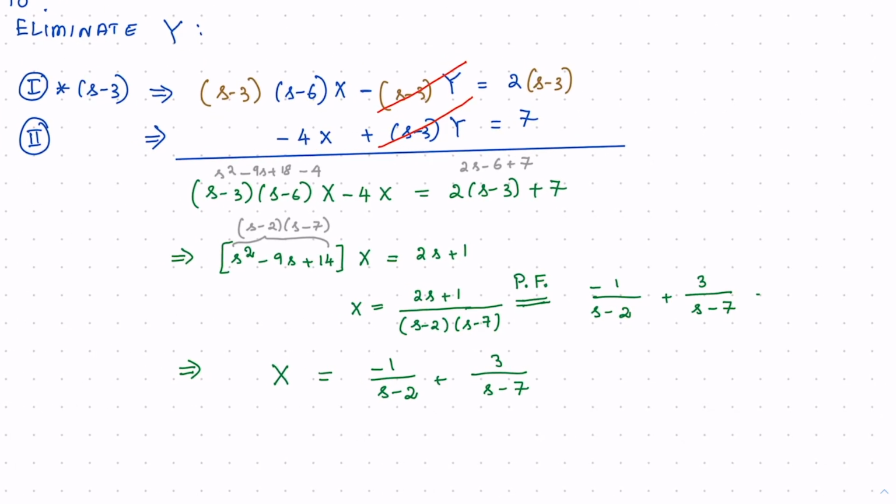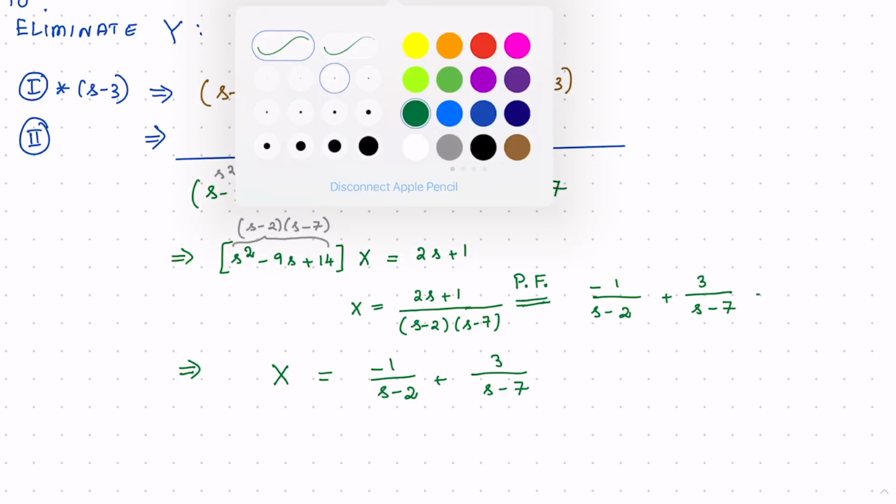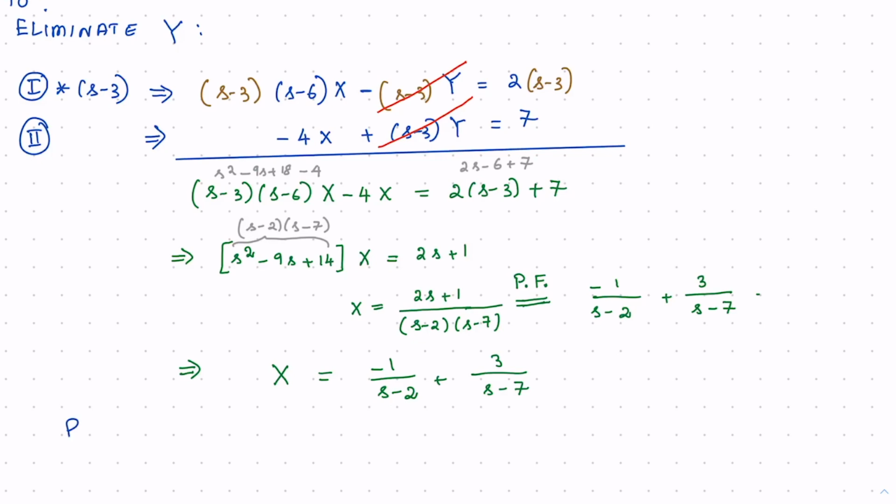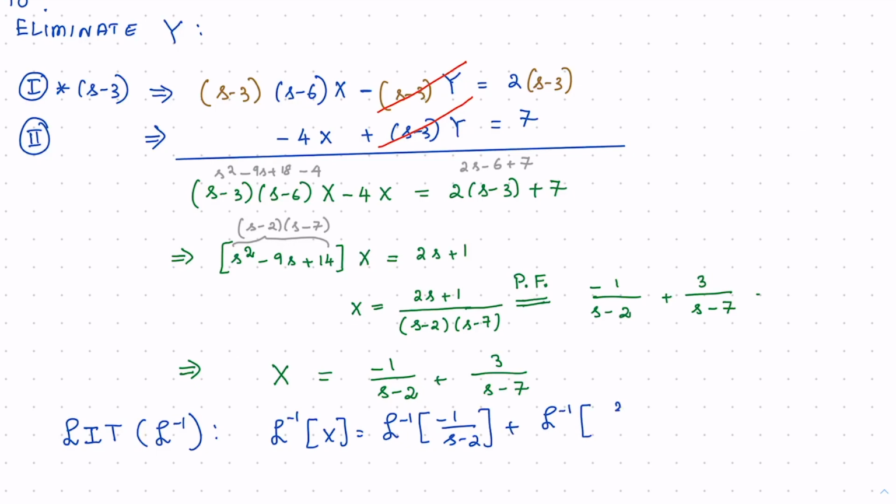Now what I am going to do is the Laplace inverse transform. The Laplace inverse of cap X is equal to the Laplace inverse of negative 1 over s minus 2 plus the Laplace inverse of 3 over s minus 7.